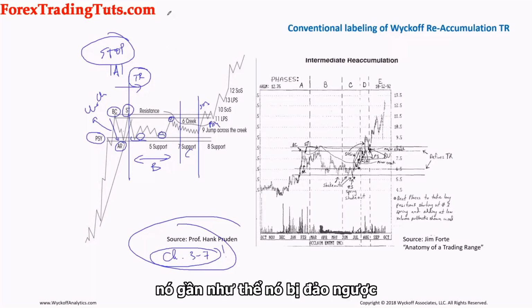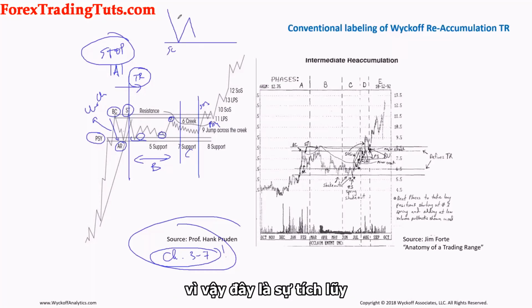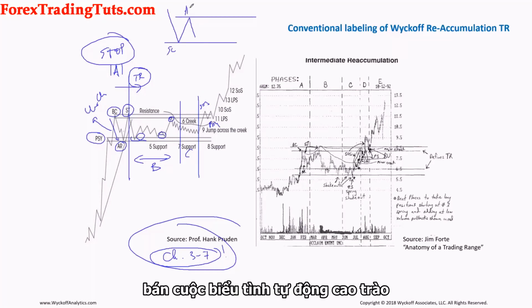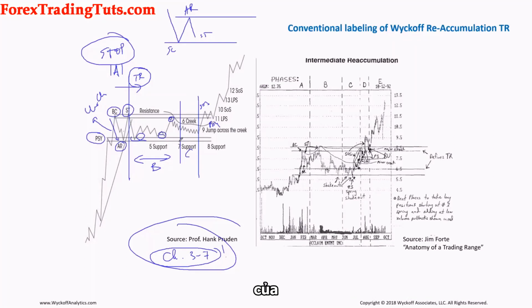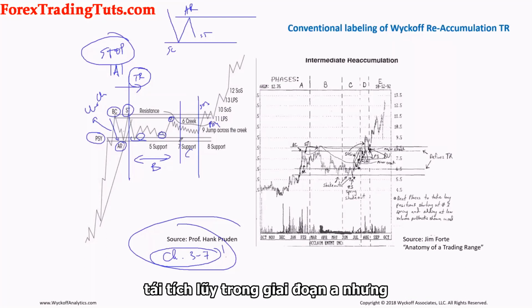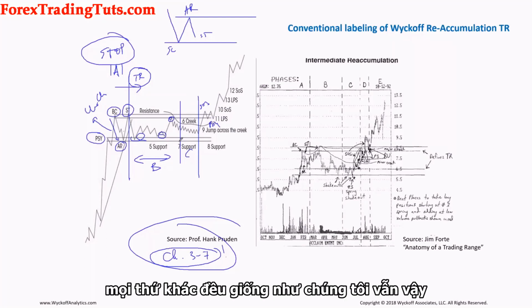It's almost as if it's reversed, right? Here is the accumulation: selling climax, automatic rally, secondary test. So we have a reversed mirror image of that accumulation in the reaccumulation in phase A. But everything else is the same.